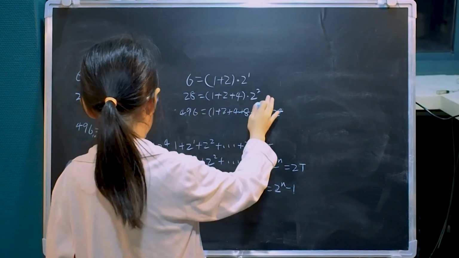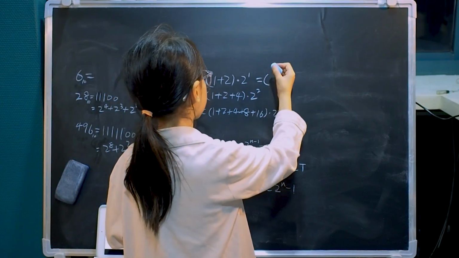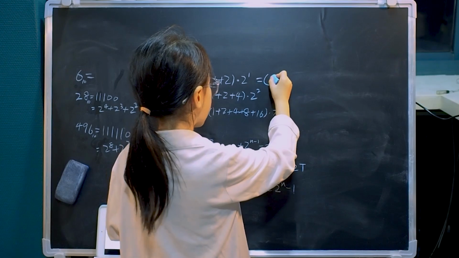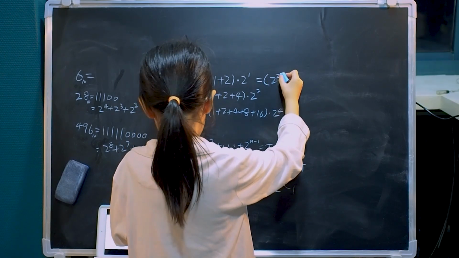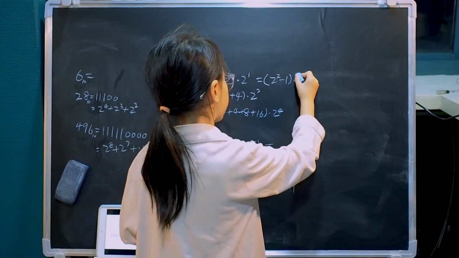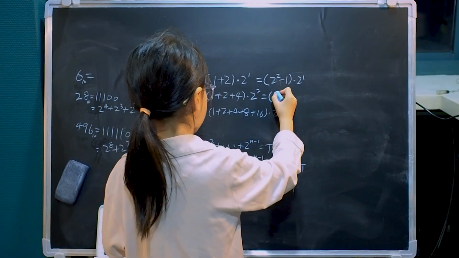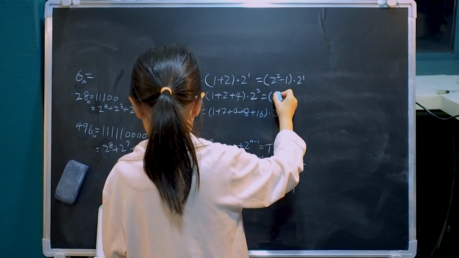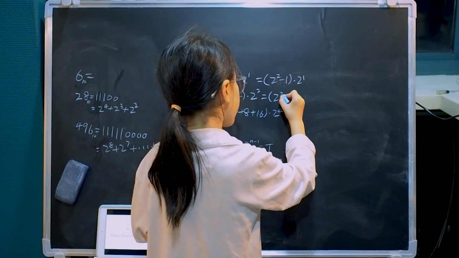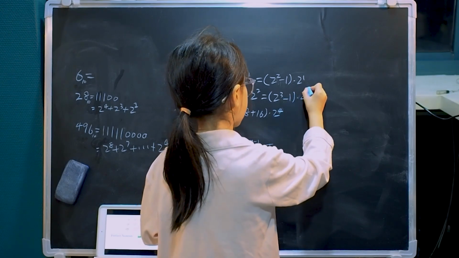We can change this part: 6 equals 2 to the 2 minus 1 times 2 to the 1. And here we can turn it to 2 to the 3 minus 1 times 2 to the 2.